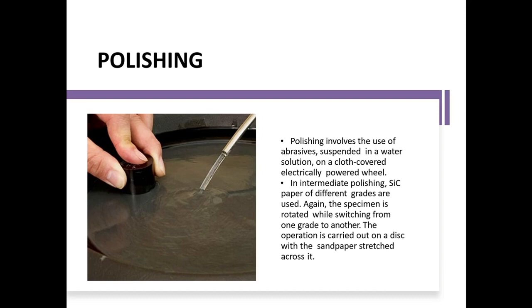The operation is carried out on a disc with a sandpaper stretched across it. So basically, in metallography and in metallurgy, polishing is used to create a flat defect-free surface for examination of the metal's microstructure under a microscope. Polishing is the process of creating a smooth and shiny surface by rubbing.